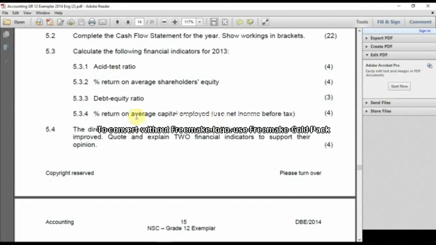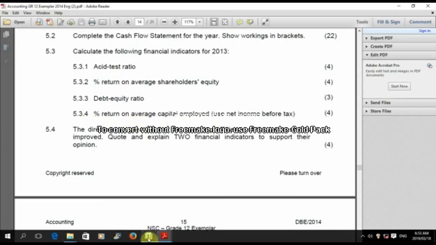Okay, so we know it's net profit before interest and tax at the top. Then at the bottom will be the average capital employed, and we multiply by 100 to get a percentage.